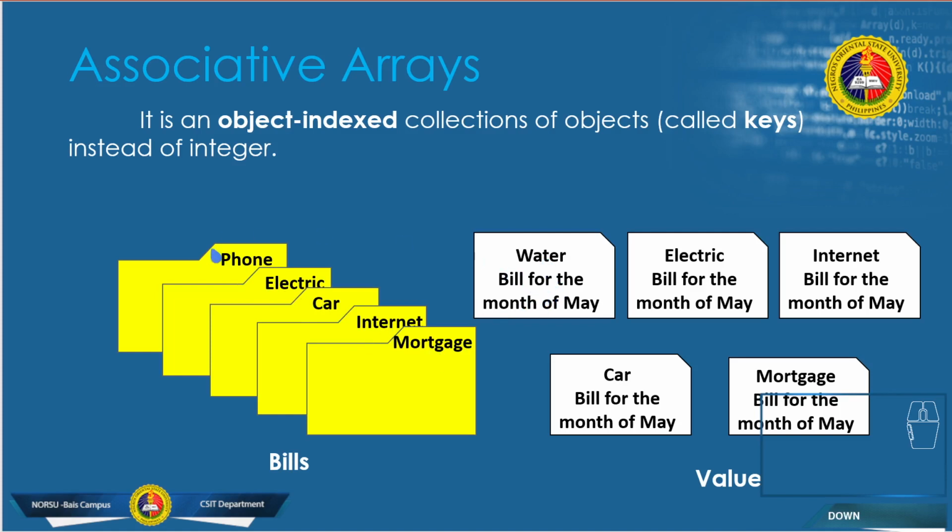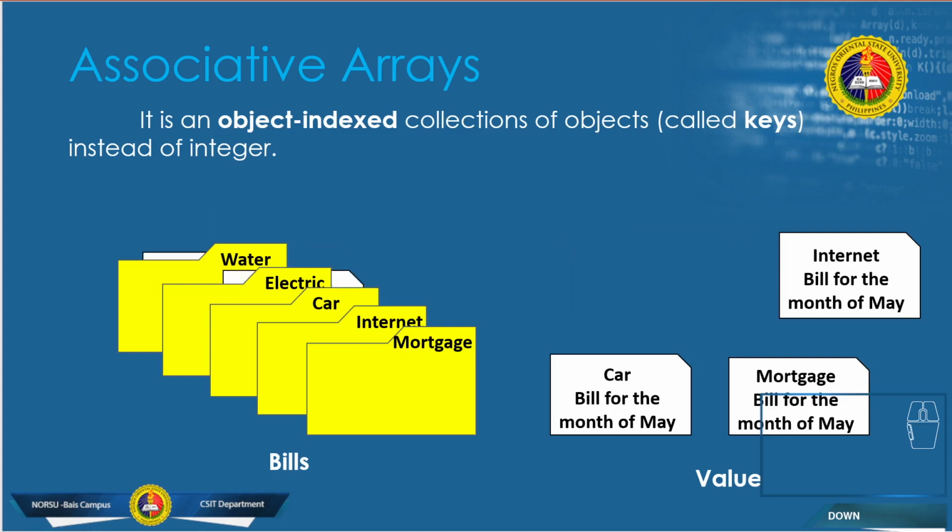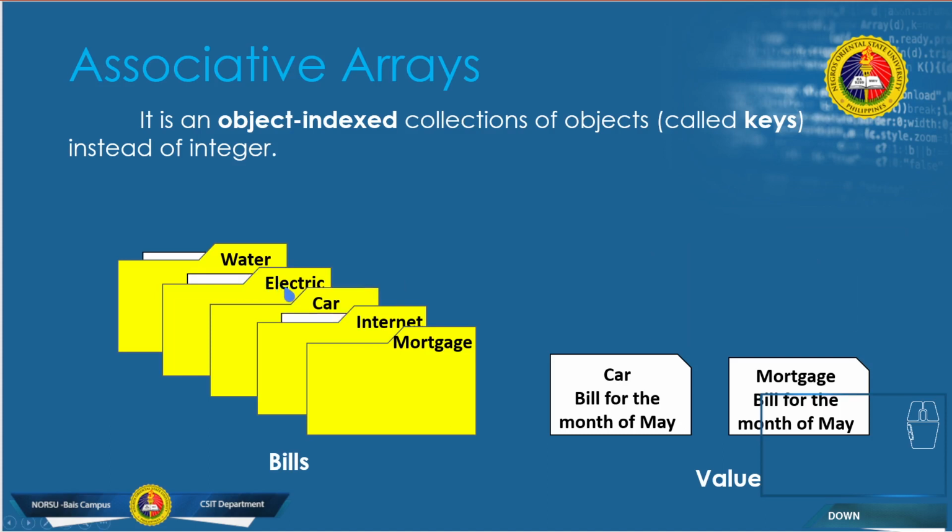Instead of phone, imagine it's water bill. So let's store the water bill for May inside the water folder. And then for the electric bills, let's save it in the folder that is labeled electric bills. And then internet for the internet, cars, and so on.